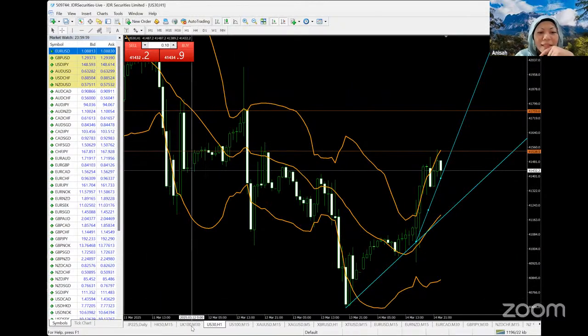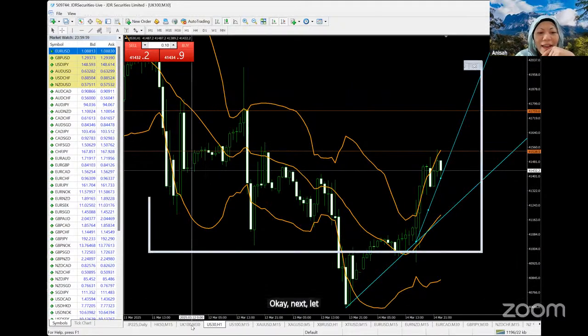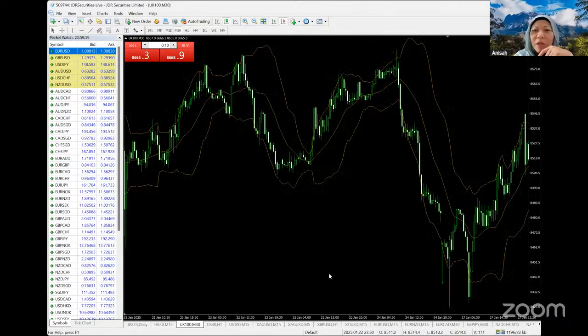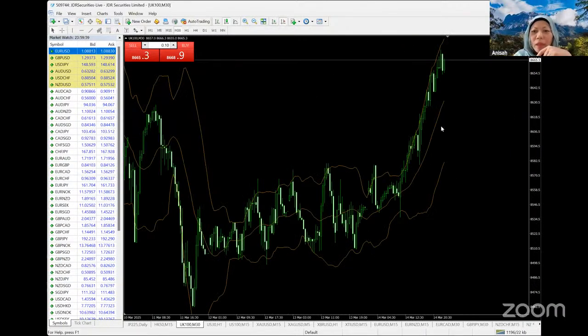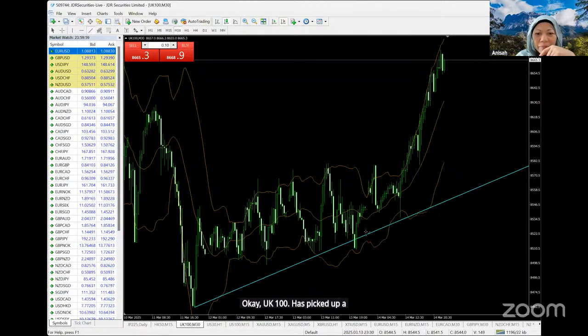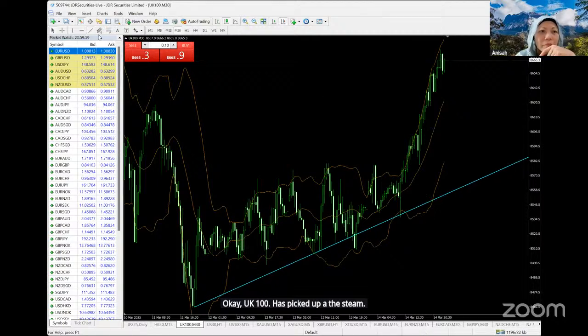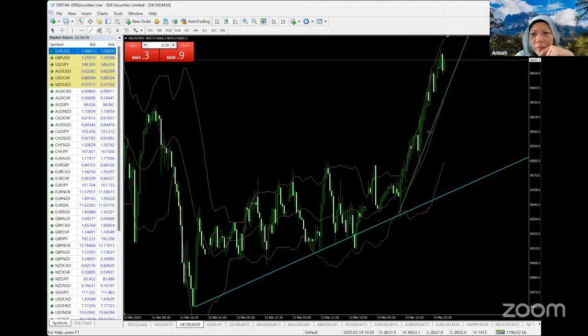Next, let's look at index UK 100. This is UK 100. UK 100 has picked up steam.